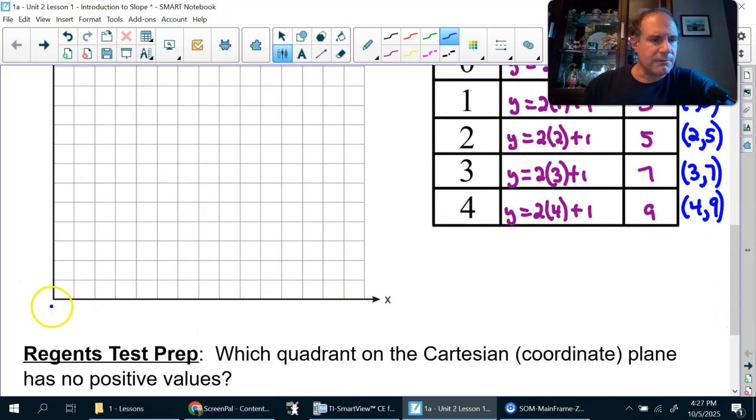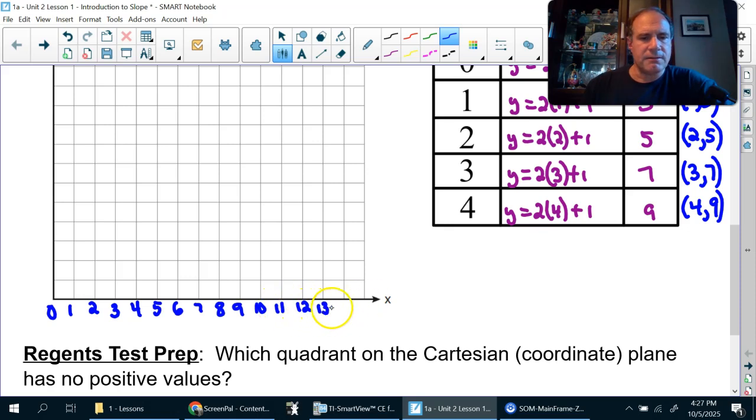We're going to label it, and we're going to put 0, 1, 2. And when you label, please do not put your numbers in the middle of the box. We are putting our numbers right below the lines. You can see how careful I am being to make sure that the numbers are right below the lines.